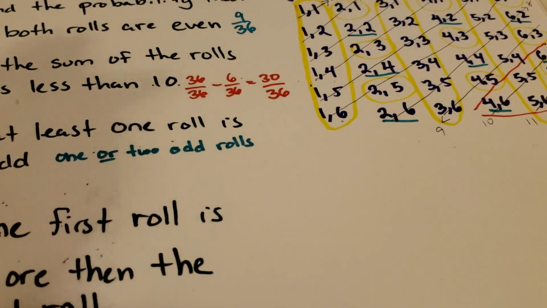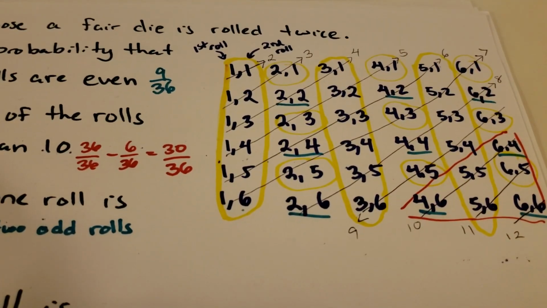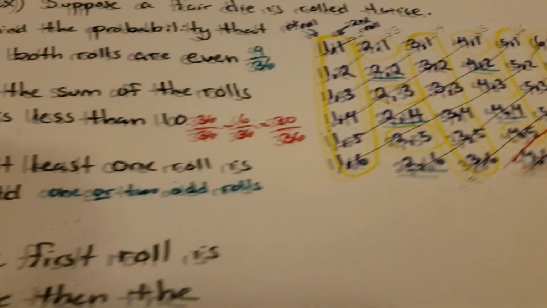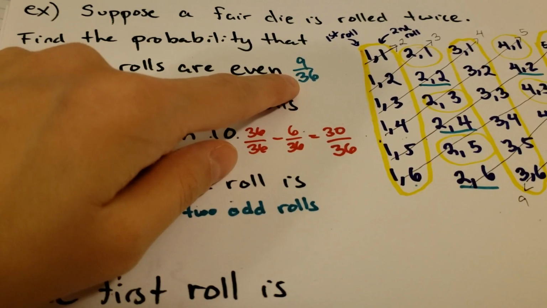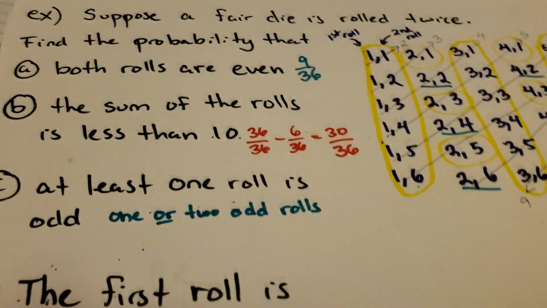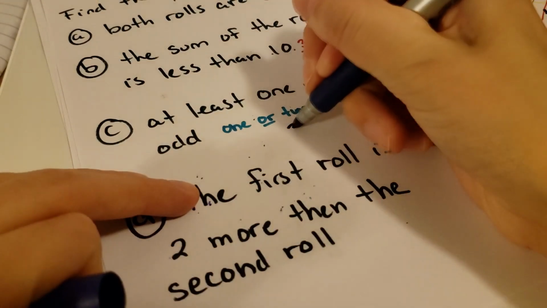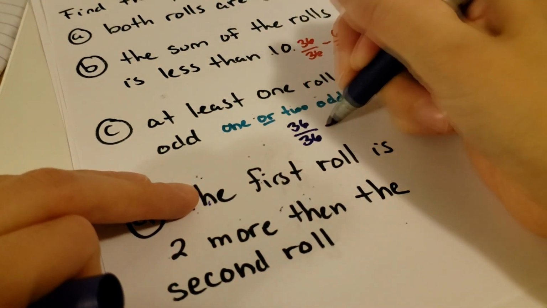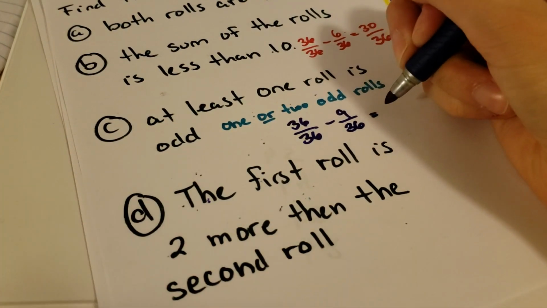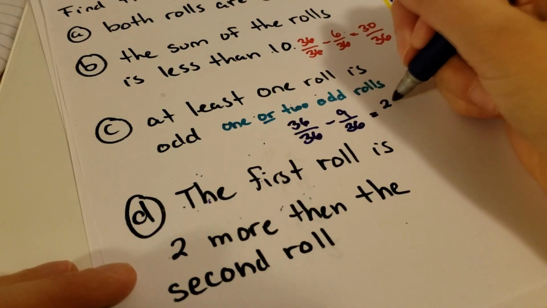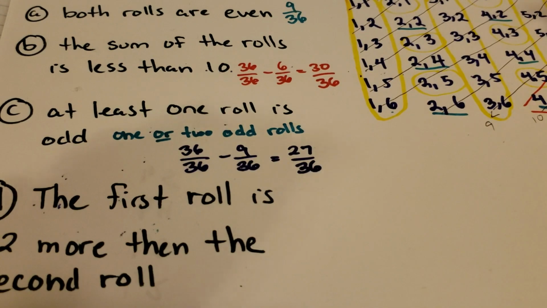So now that we recognize that's the complement, instead of counting up all of these numbers circled in yellow, which again would take forever, we have our probability already calculated over here, 9 out of 36, and we can just subtract that from 36 out of 36. Okay, and we end up with 27 out of 36.